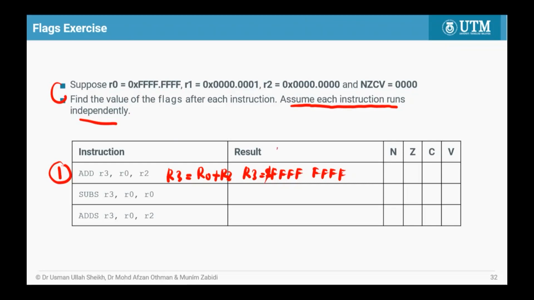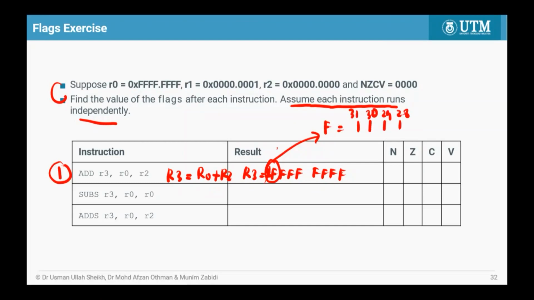Okay, first you look at this bit here. You have a 32-bit number. This number here is F. If you change it to binary, F equals 1111. So this is bit 31, 30, 29, and 28.